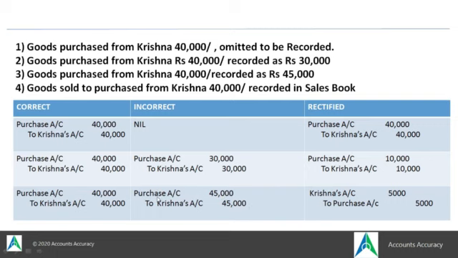Yes, the reverse entry will be passed. For 5,000 extra money you need to pass the reverse entry, cancel Krishna with 5,000 and purchases with 5,000. How will you cancel? Just by debiting Krishna account with 5,000 and crediting purchases with 5,000. Just reverse entry. Debit will be made credit and credit will be made debit. So it will be cancelled and your rectified entry will be Krishna account to purchases account 5,000.